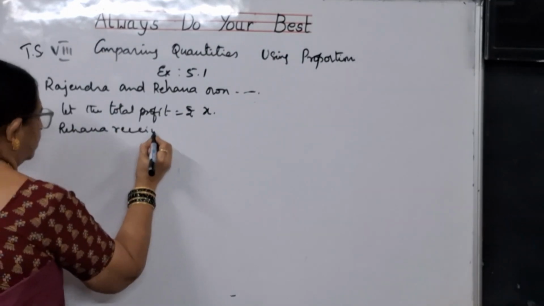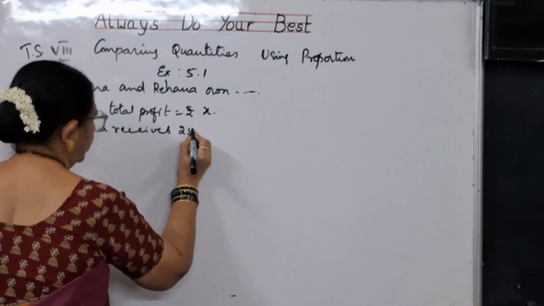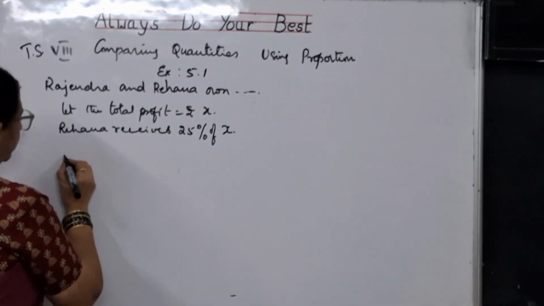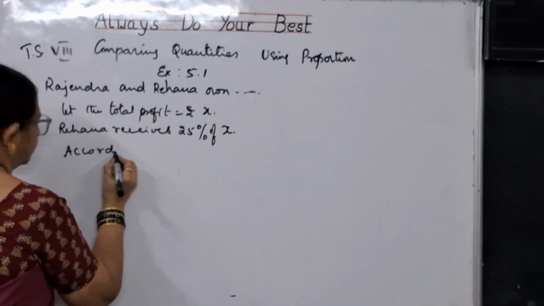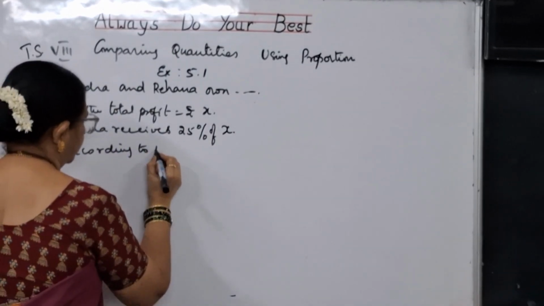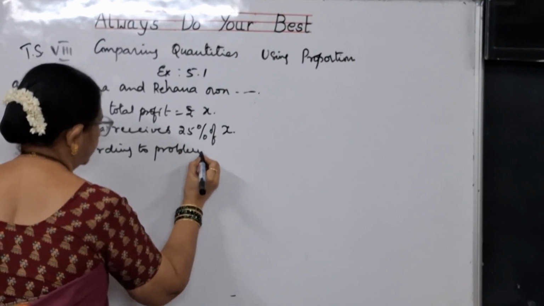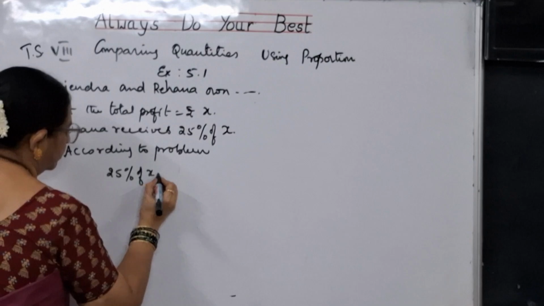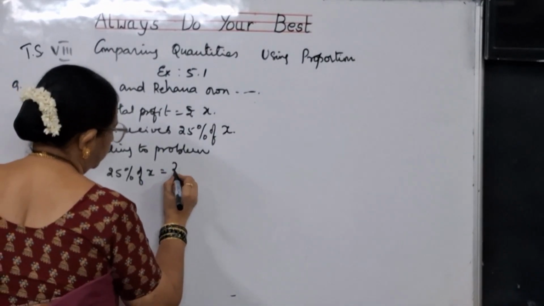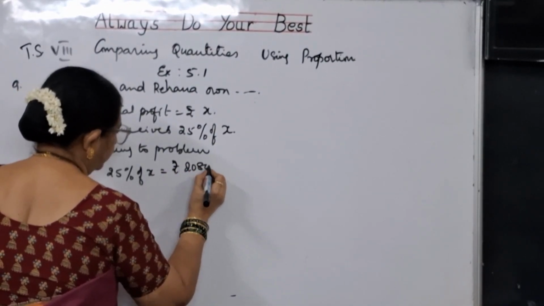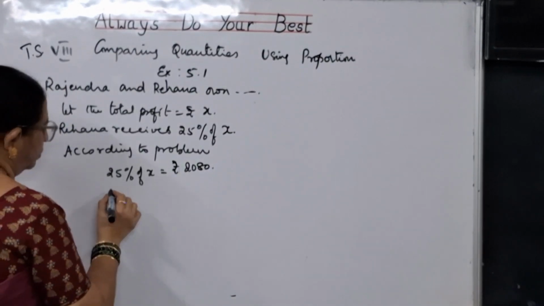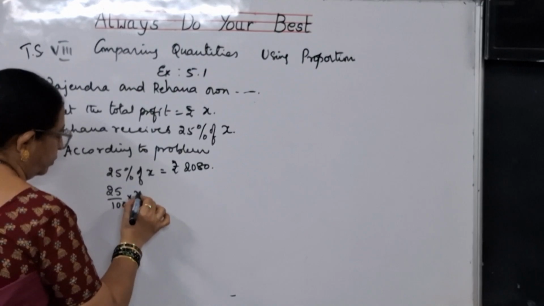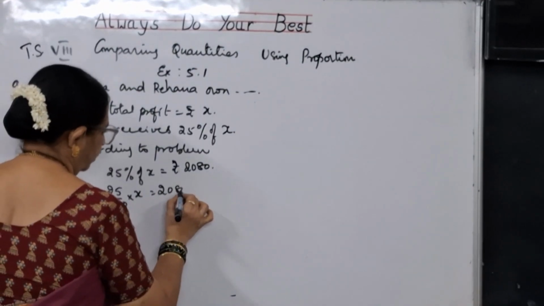Rehana receives 25% of total profit, that means of X. According to the problem, what does the problem say? 25% of X is equal to 2080, because she has got this much amount. So that means 25 by 100 into X is equal to 2080.